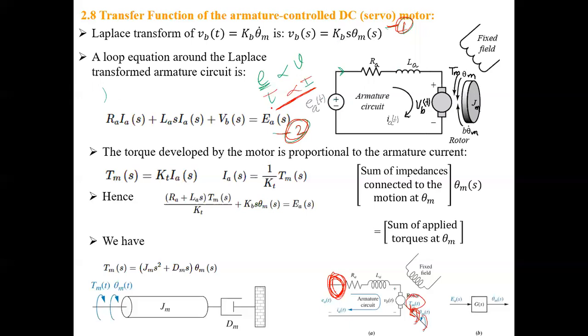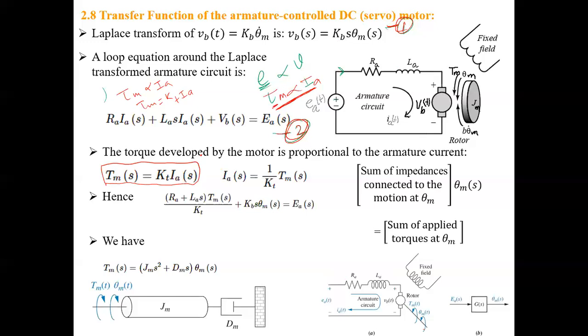So that's what it means. TM proportional to IA. Since TM is proportional to IA, I can say TM equals KA. For some, I simply call it KT. How about that? KT IA, to be consistent with the notation of the book. Okay, so TM equals KT IA. That's what I have here.